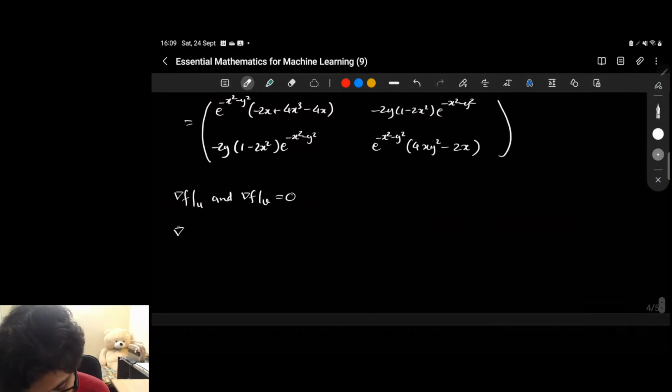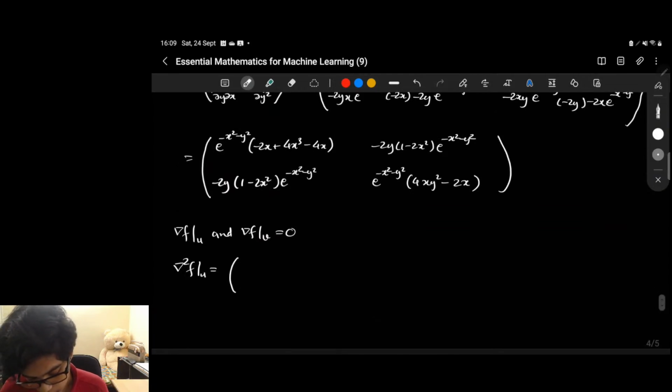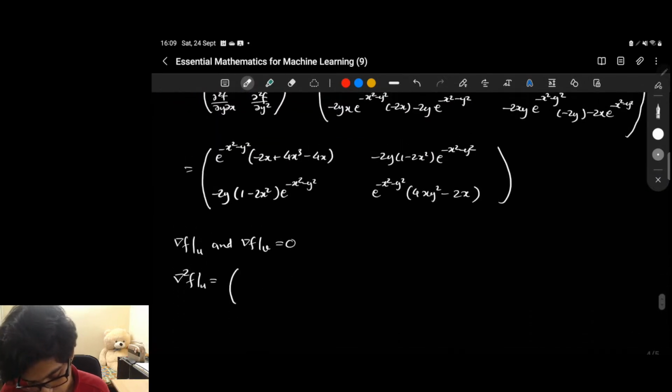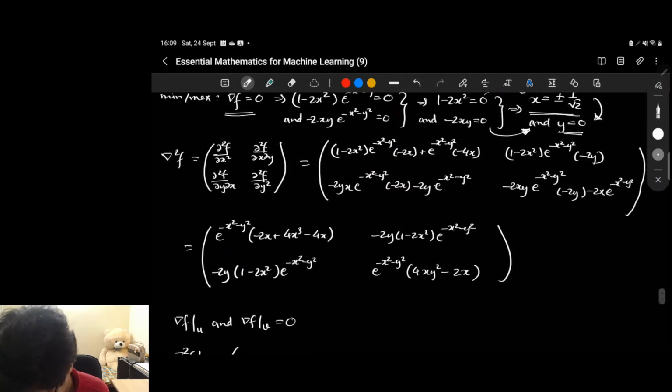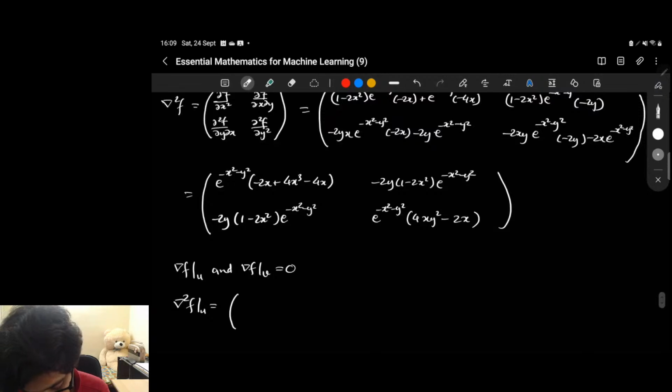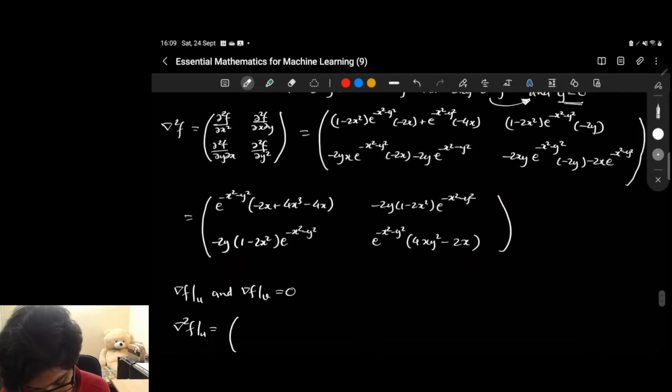So let us look at del squared f at the point u. U is negative 1 over root 2 comma 0. So this first term, 1 minus 2x squared, is going to be 0 when x is negative 1 over root 2.